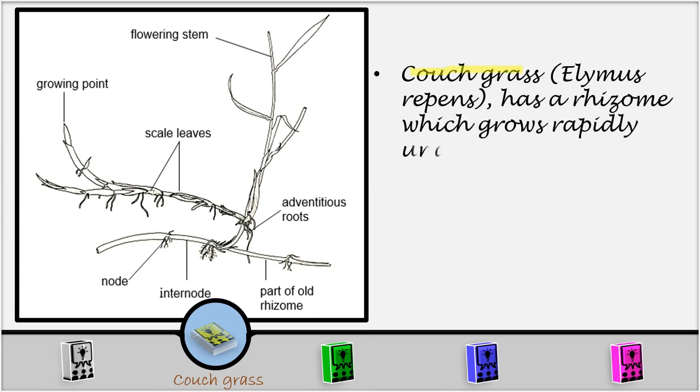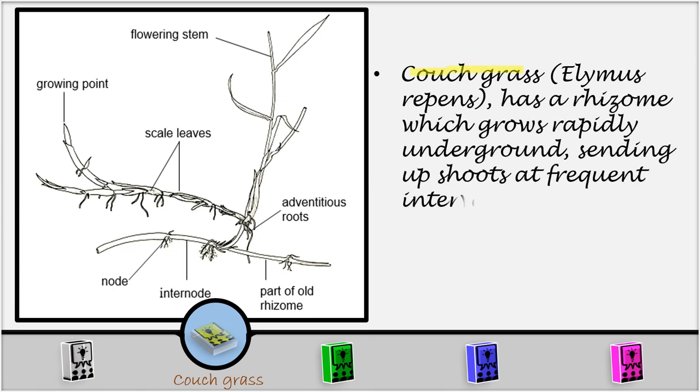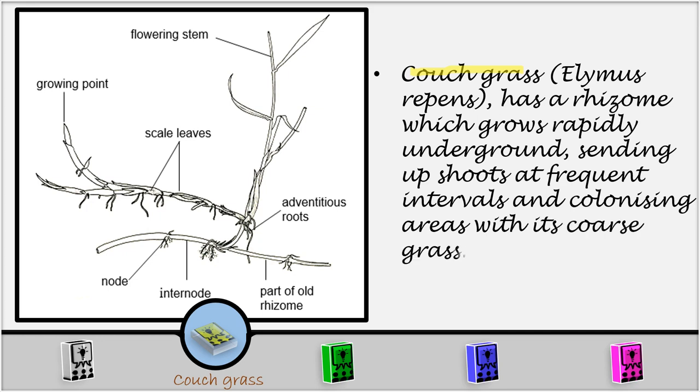The couch grass, that is Elymus repens, has a rhizome which grows rapidly underground, sending off up shoots at frequent intervals and colonizing areas with its coarse grass. So here we have the couch grass.